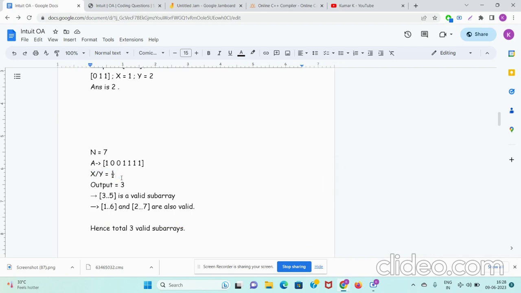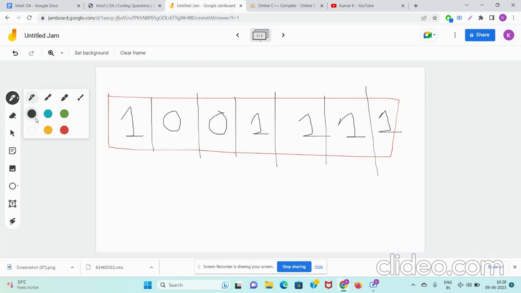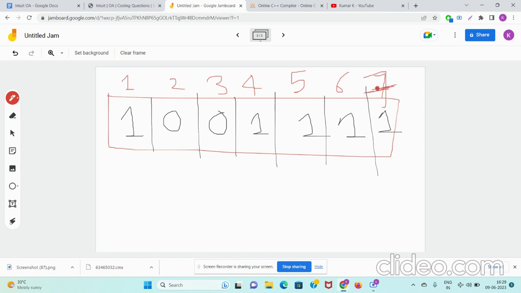So, how many valid subarrays are there? First valid subarray is from 3 to 5. Let's check. What is 3 to 5? This is index 1. This is index 2. This is 3. This is 4. This is 5. This is 6. And this is 7. Okay.